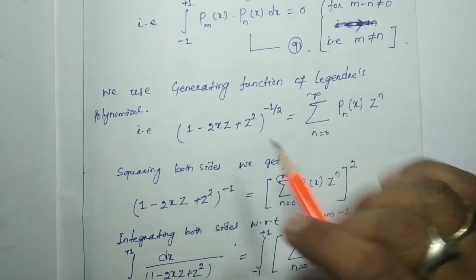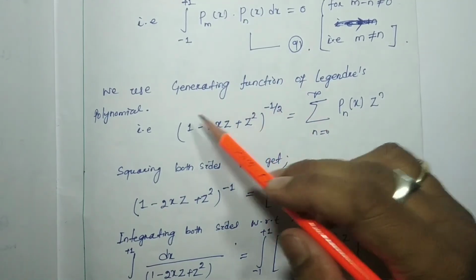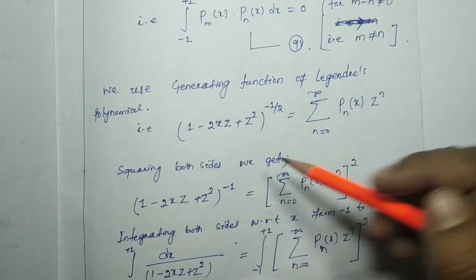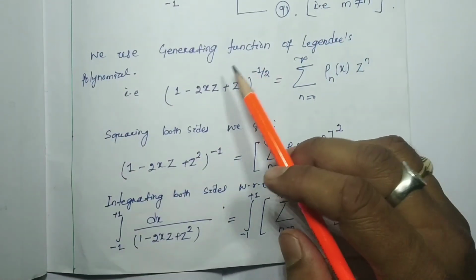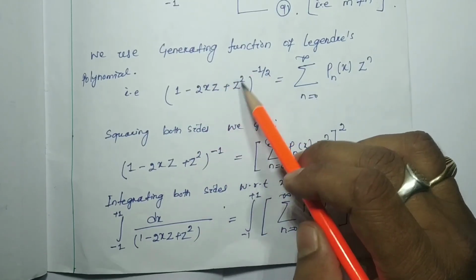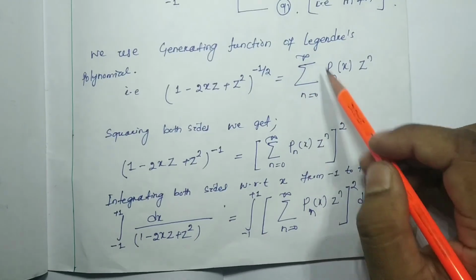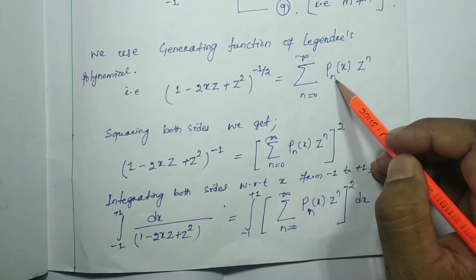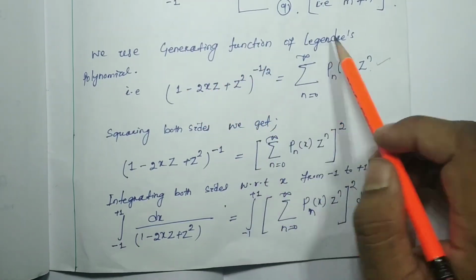You just follow the last two videos where I discussed the generating function of Legendre polynomial. There we discussed these things in detail. So I also told that you have to remember this generating function, 1 minus 2xz plus z square to the power minus 1 by 2 equal to summation over n is equal to 0 to infinity pn x z to the power n, is your generating function of Legendre polynomial.